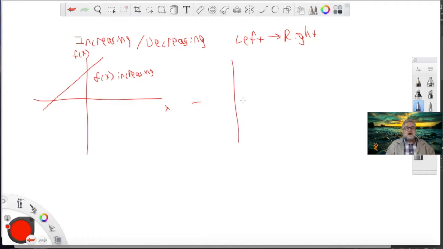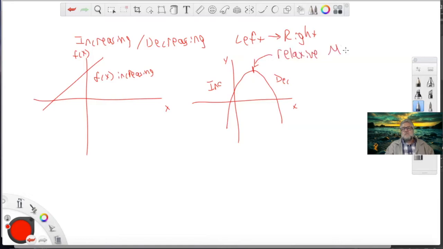If I have this thing, and I have that kind of function, then it's increasing until you reach the peak, then it's decreasing. And that point where we go from increasing to decreasing, this point is called a relative max, relative maxima.